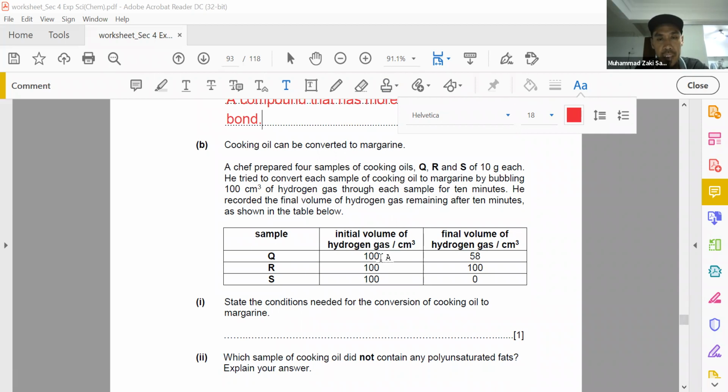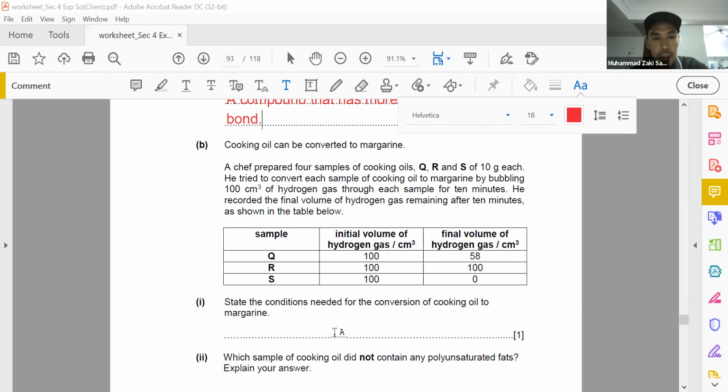Hydrogen gas is passed through 3 samples of cooking oil, Q, R, and S. Once they pass through all these 3 oils, they found there are some changes, especially for Q and S, but there's no change for R. So what happened here? This is something that you need to take note of.